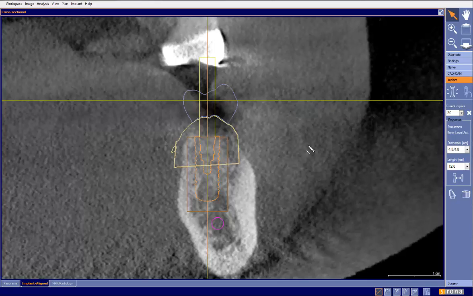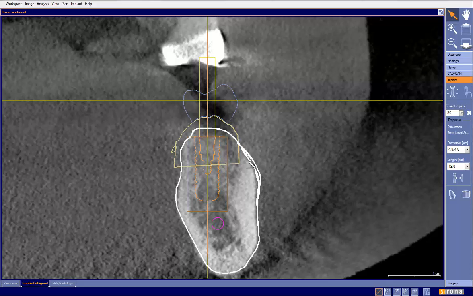Let's address the first one first, and that is, in looking at this plan, I would say that our bone outline is roughly like so. Okay, so actually it's roughly like so.